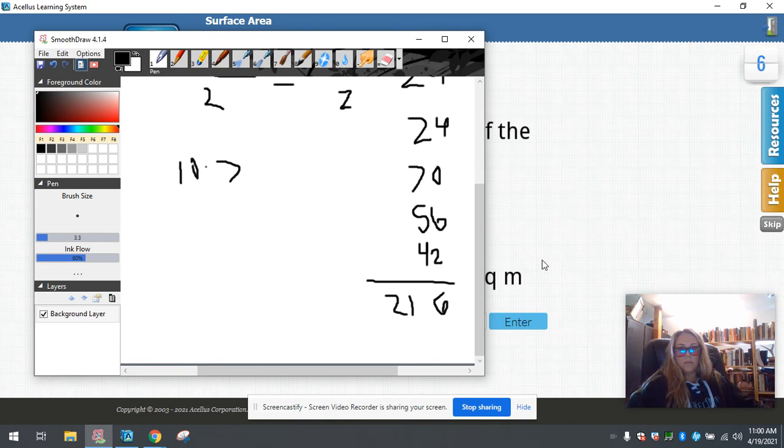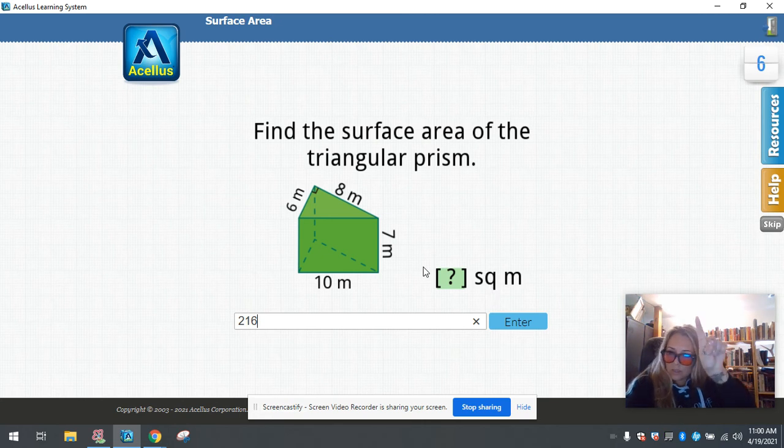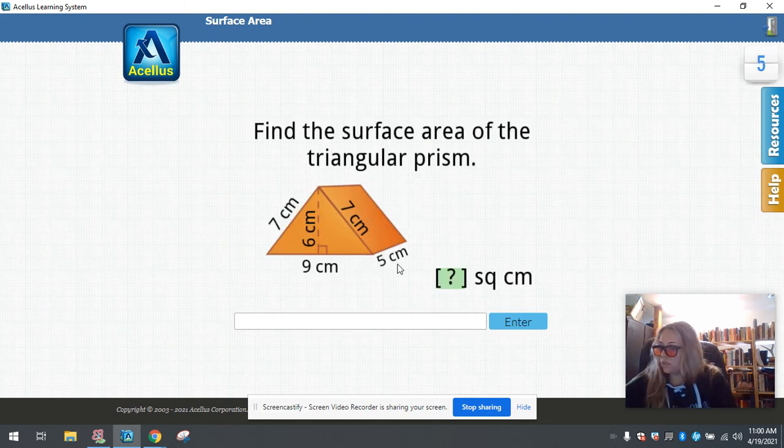And let's see if I did all my math right. What did I get? 216. So it's 216. This is written SQ, which stands for square. Remember, with the exponent, it would be a little 2 to the right. So 216 square meters. All right.